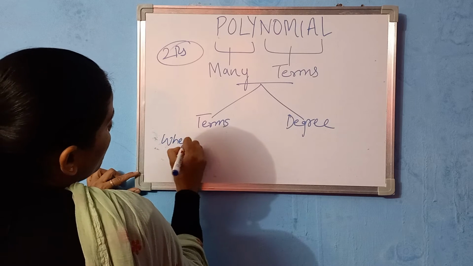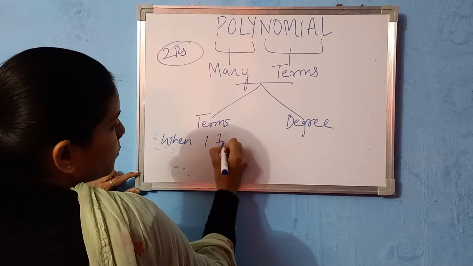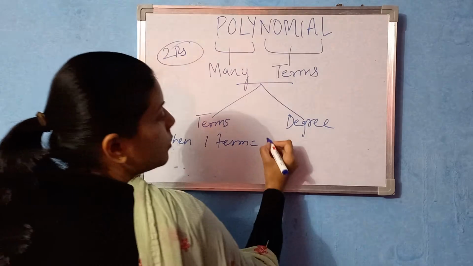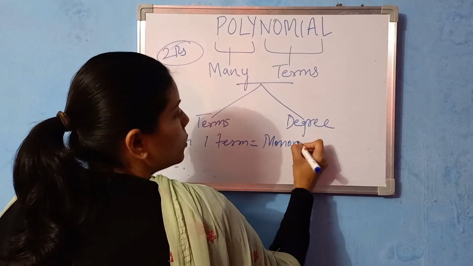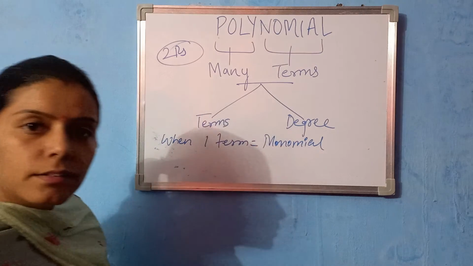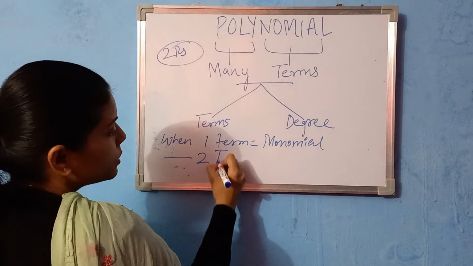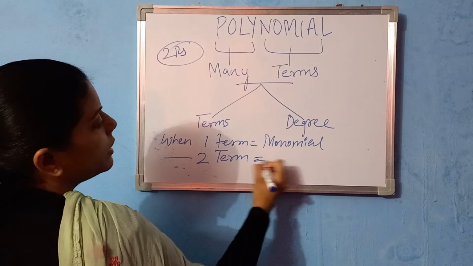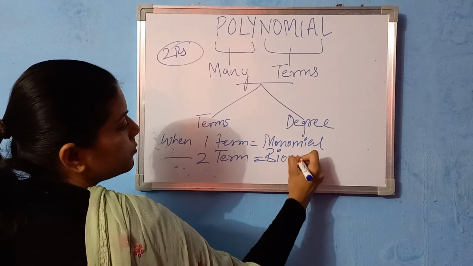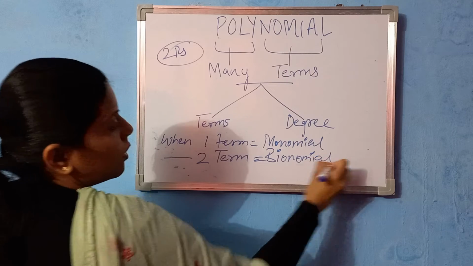When a polynomial has one term, it is called a monomial. Monomial. Okay. When the polynomial has two terms, we get a binomial. Okay.